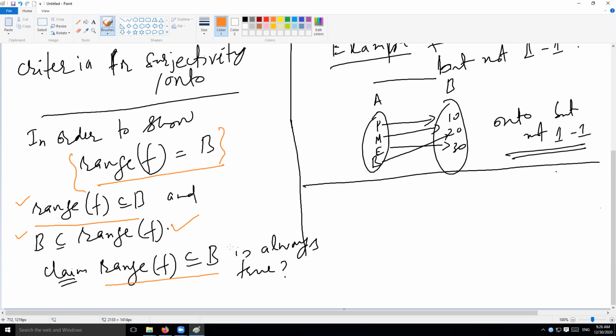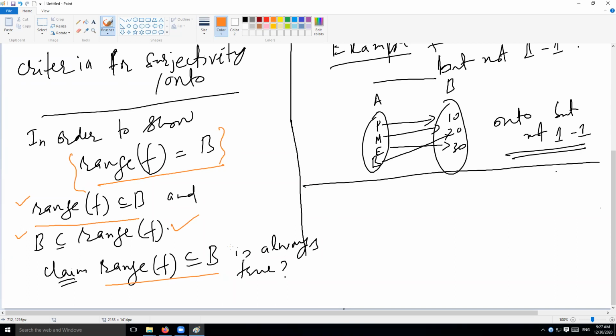Sir, according to equality, if A equals B, then A is a subset of B and B is a subset of A. In any function, codomain is equal to the range. No, we cannot say that. What I am saying, my friend, is that I have to prove this. I don't know whether it is onto or not.